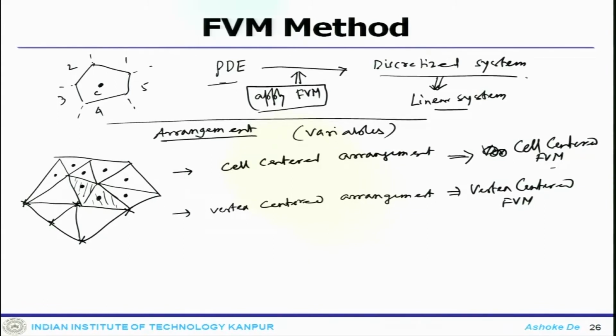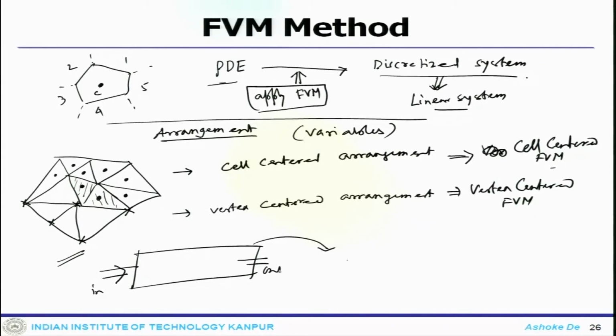Now, if you see the difference, so far we have only discretized our PDEs considering a finite cell and got a discretized equation. While doing that, we did not bother to think about where to store the data or where to store the variable. Now, we are slowly moving towards that. While doing the discretization, you need to have this arrangement. And why are they important? Because my physical problem, if you think about a flow through a channel, needs to be transformed to a computational grid.